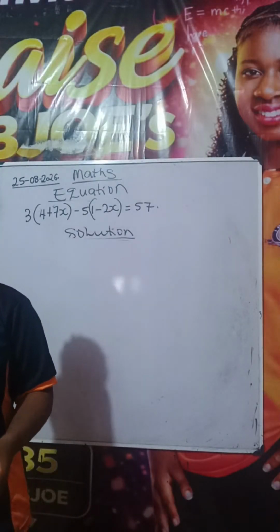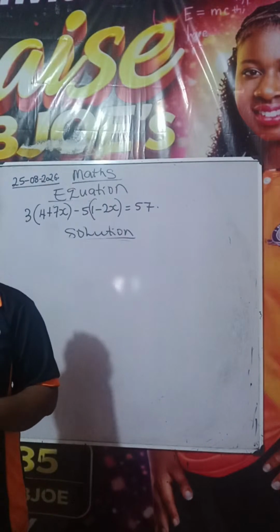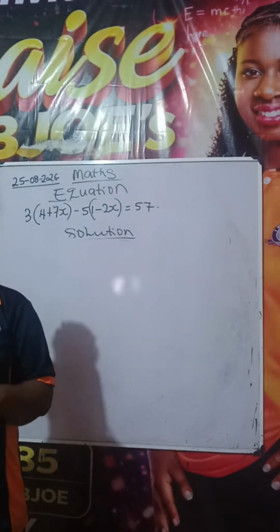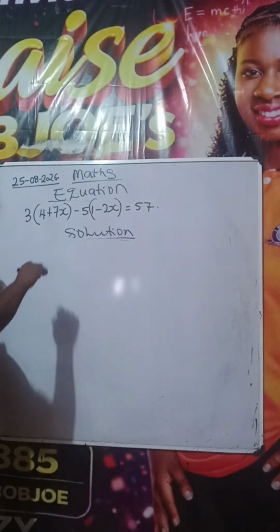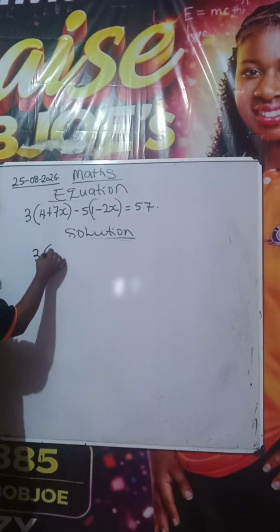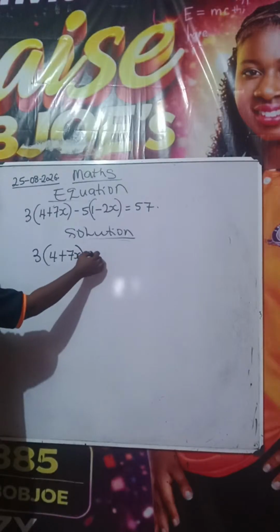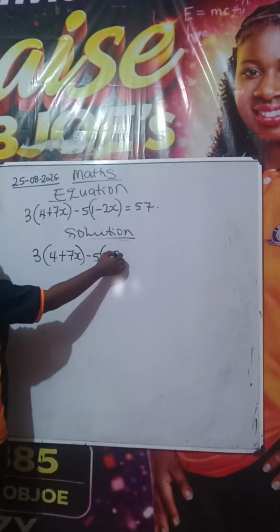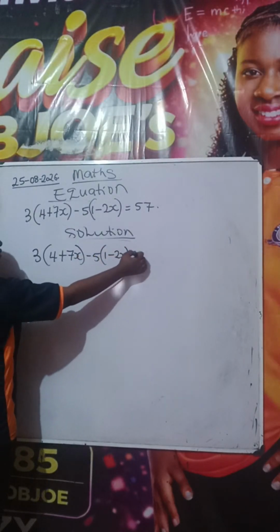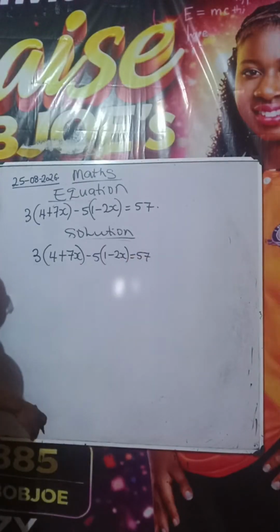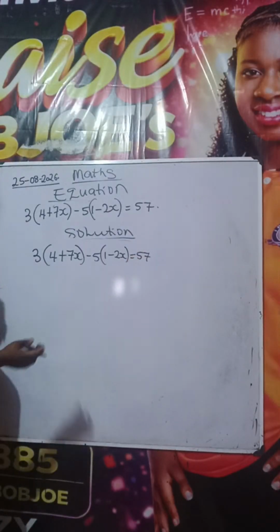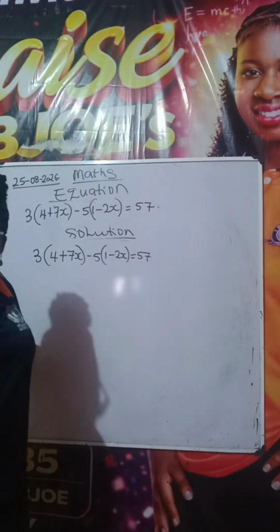Look at this one. What do we do? First, we have 3 multiplying 4 plus 7x minus 5, 1 minus 2x equals 57. We are looking for x. So what do we do?